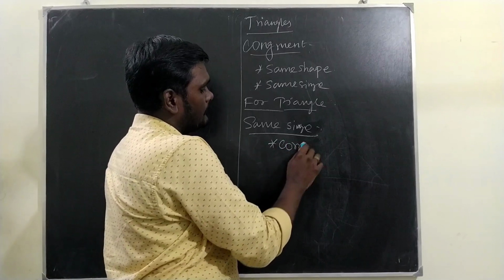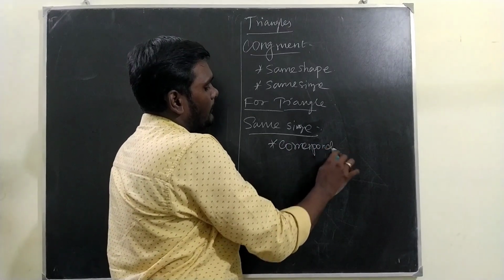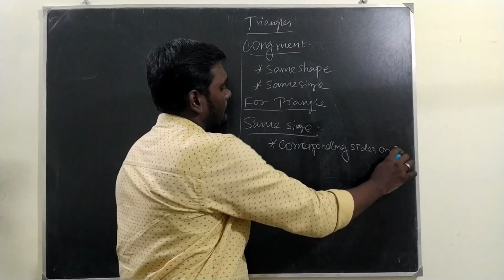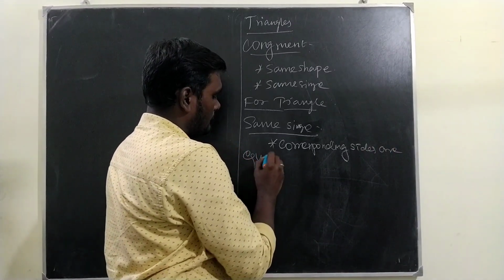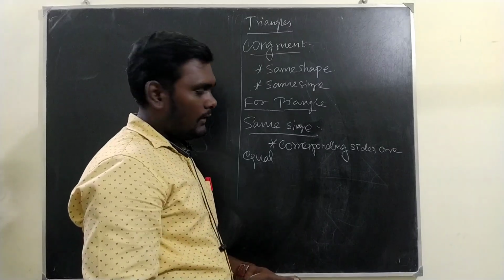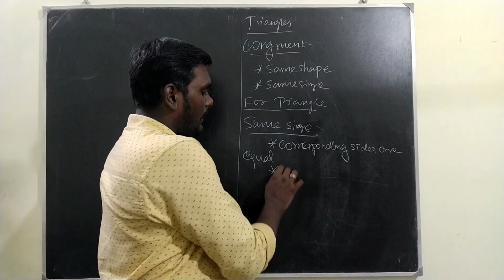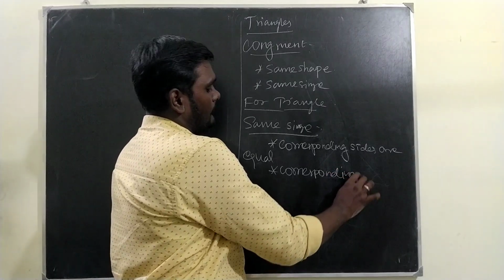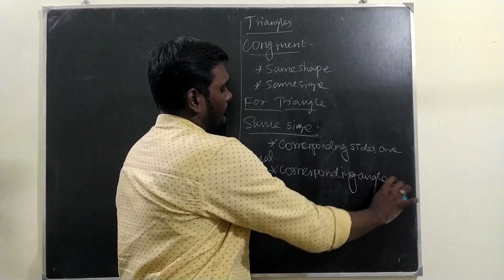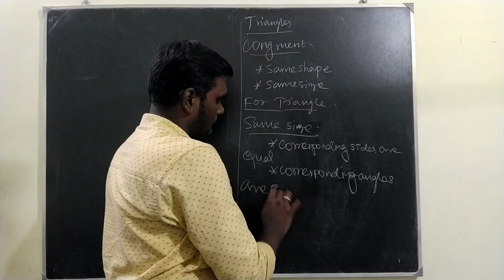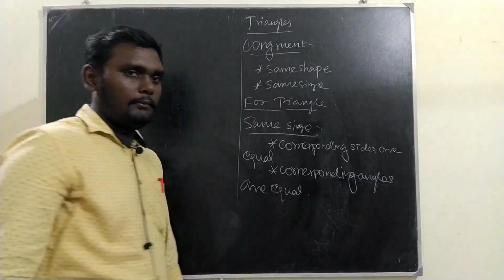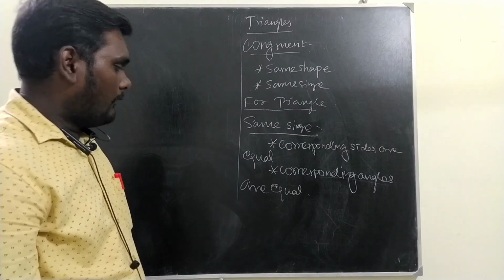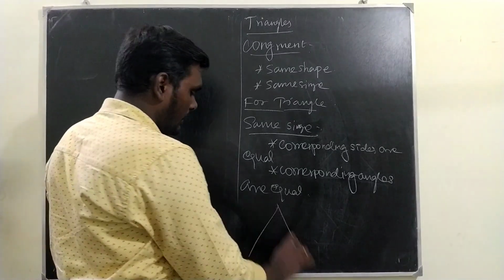One is that corresponding sides are equal, and the other is that corresponding angles are equal. Okay, what does it mean by corresponding sides and corresponding angles?